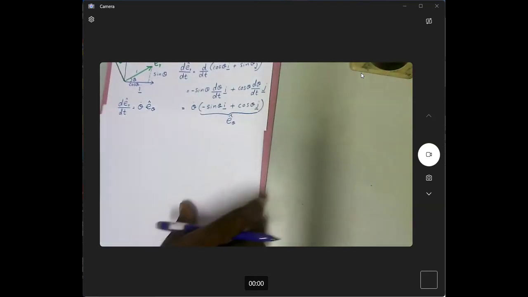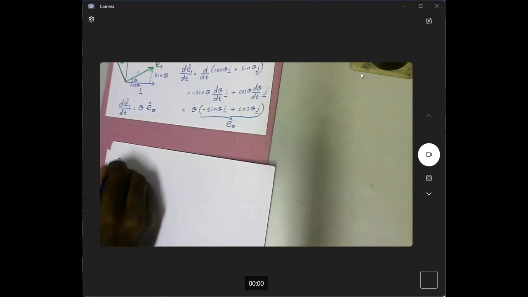Even though it is not needed for the velocity, you will later need it. Let's find the other one, which is d e_theta over dt.